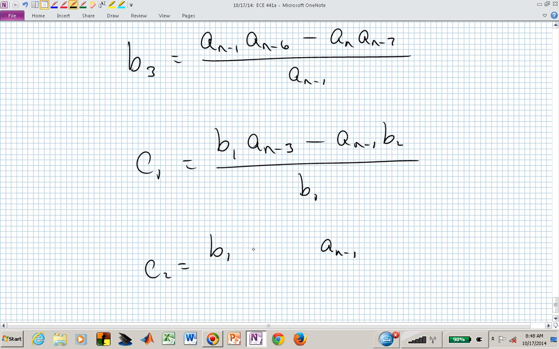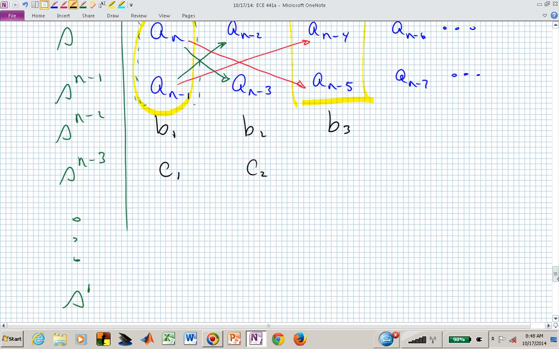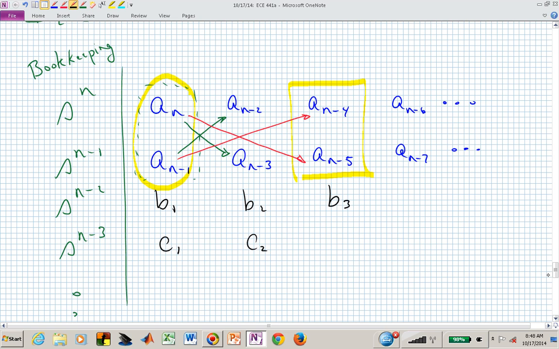Then we have B sub 1 times, what are we going to use to create C sub 2? B1 times A sub n minus 5.